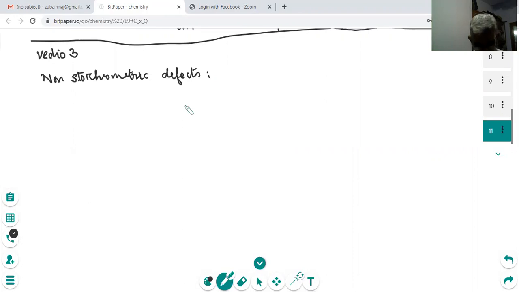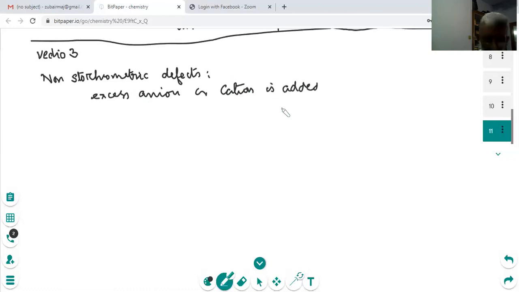So that means you have excess anions or excess cations present.